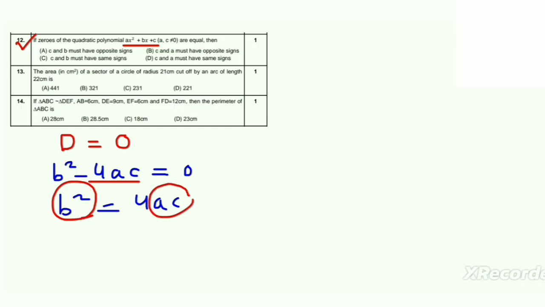It means either a and c must have minus minus sign or plus plus sign, because in both cases we finally obtain a positive sign. So the right option is option number D. C and A must have the same sign.